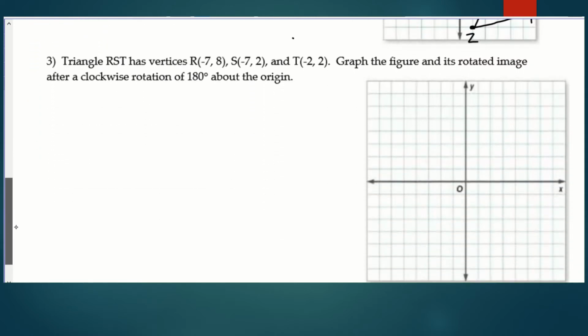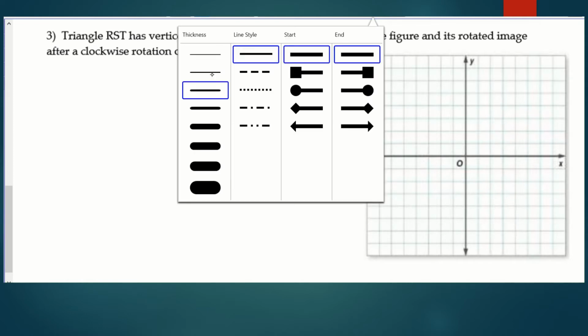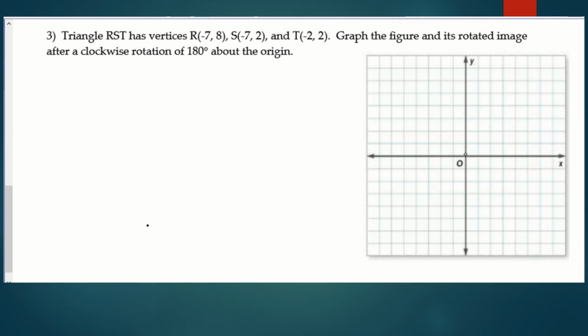All right, let's go on to number 3. Now we're working with triangle RST. So let's go ahead and graph our original figure, or our pre-image, given the coordinate pairs. So let's see, -7, 1, 2, 3, 4, 5, 6, 7, 1, 2, 3, 4, 5, 6, 7, 8.